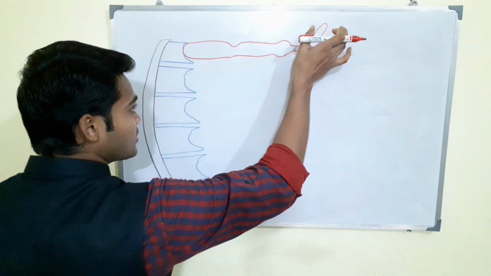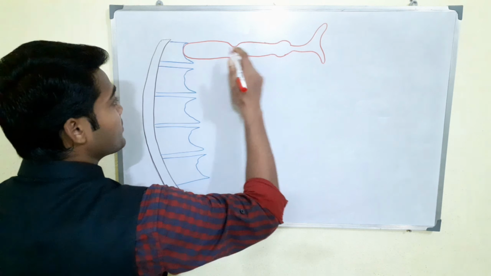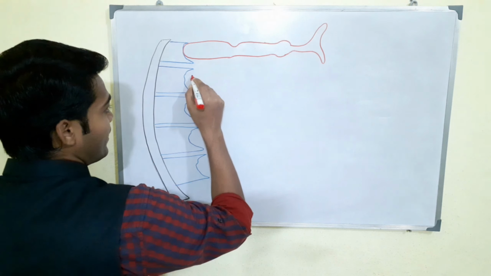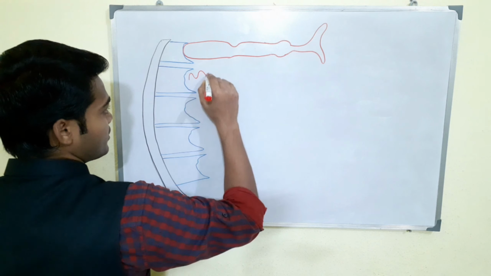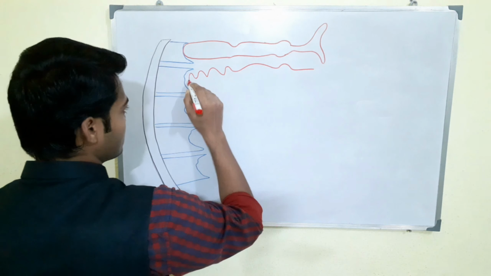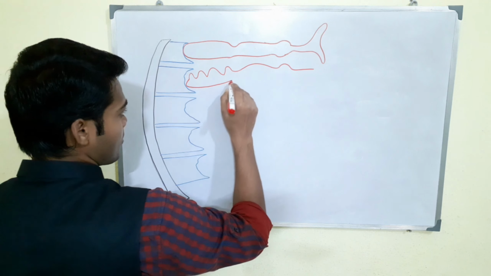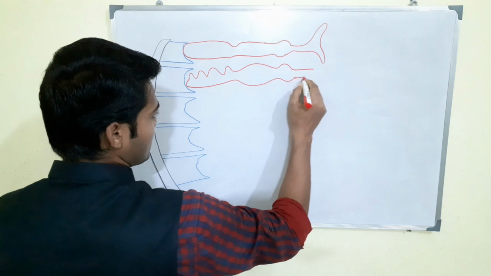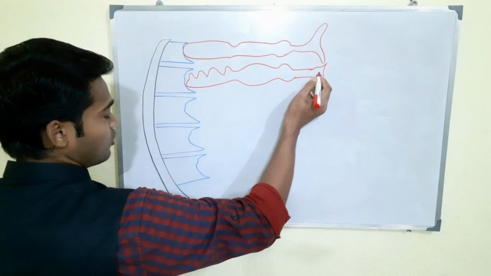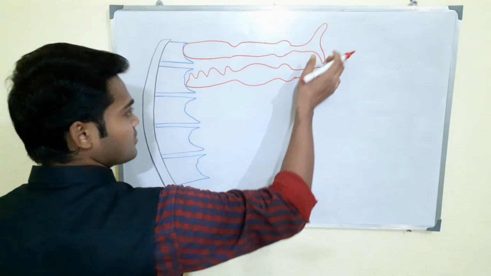The synaptic terminal of the rod cell we call a spherule, and I just draw a cone cell here, and the synaptic terminal of the cone cell is called a pedicle.